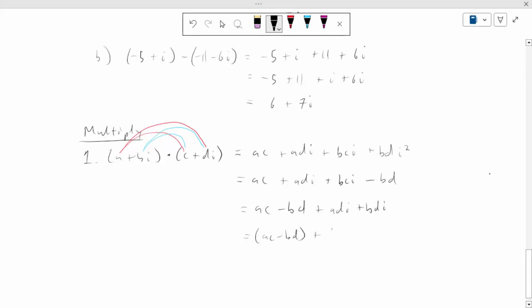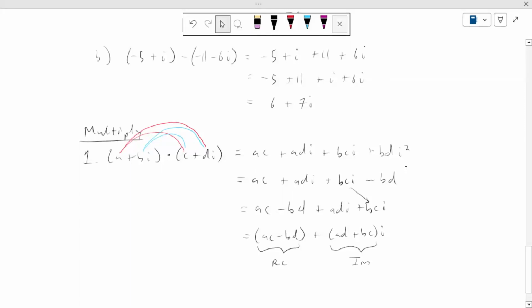I could factor the i out of this, and we get AD plus, oops, I miswrote something. Sorry, everybody. This right here is BCI. Okay. So now I can factor the i out of that, and I get AD plus BC times i. And so this is my real part, and this is my imaginary part.